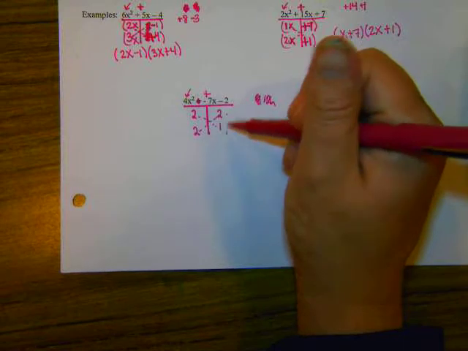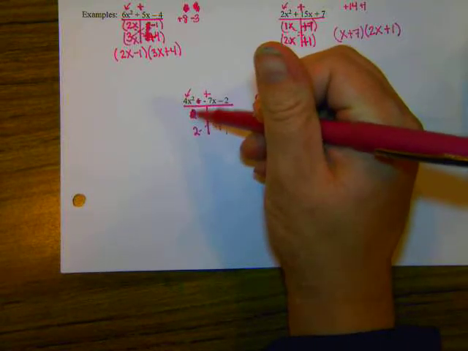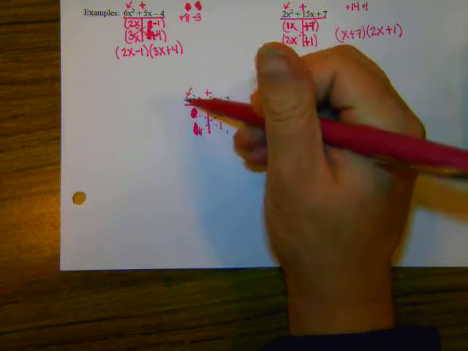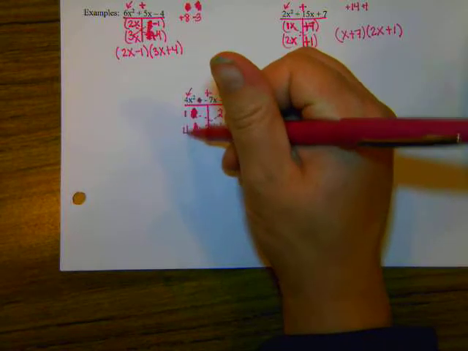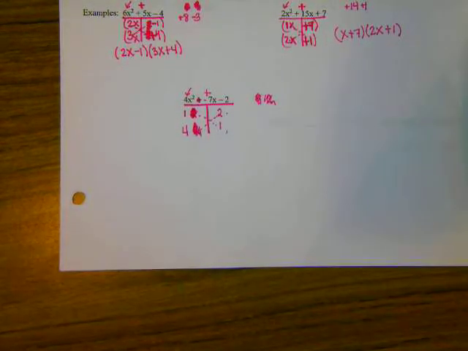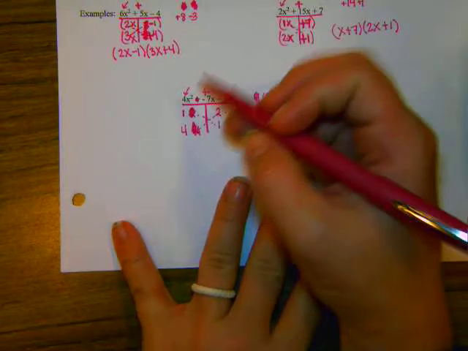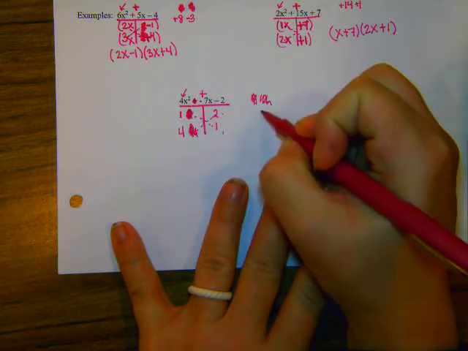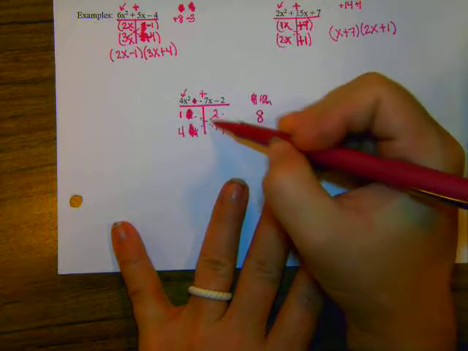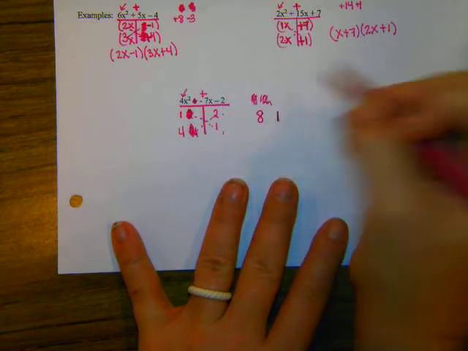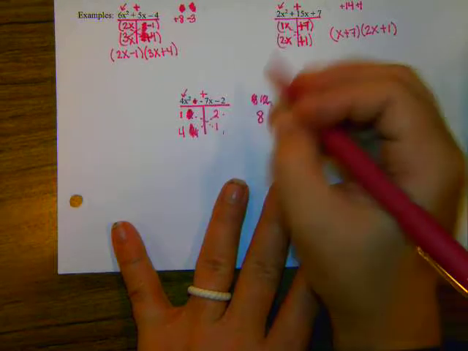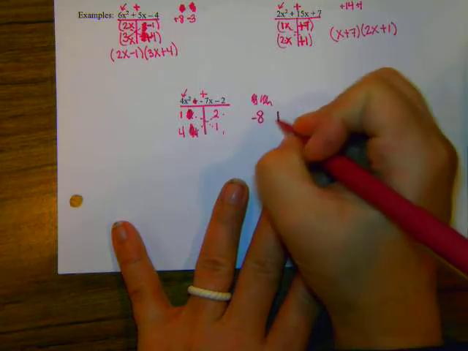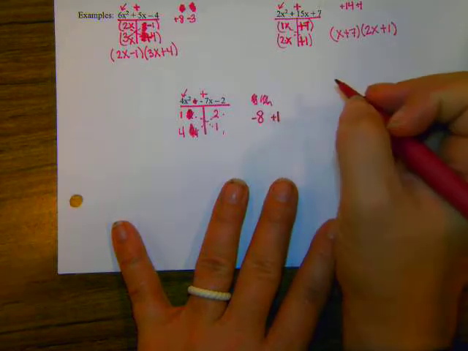Sometimes instead of switching the right side, the only thing that has more factors to it is 4. So let's try 1 times 4. From there, this is where we're going to do 4 times 2 is 8. 1 times 1 is 1. They will add to -7 as long as the 8 is negative and the 1 is positive.